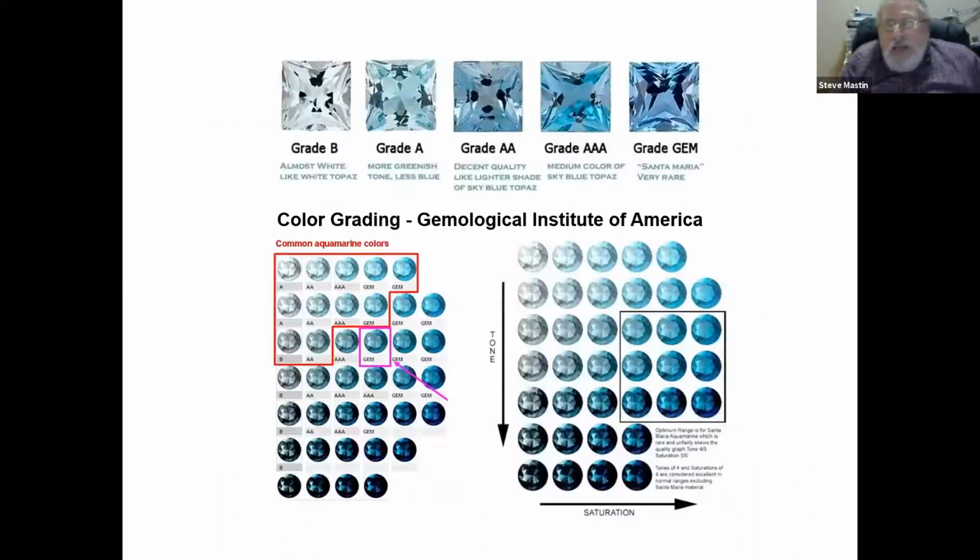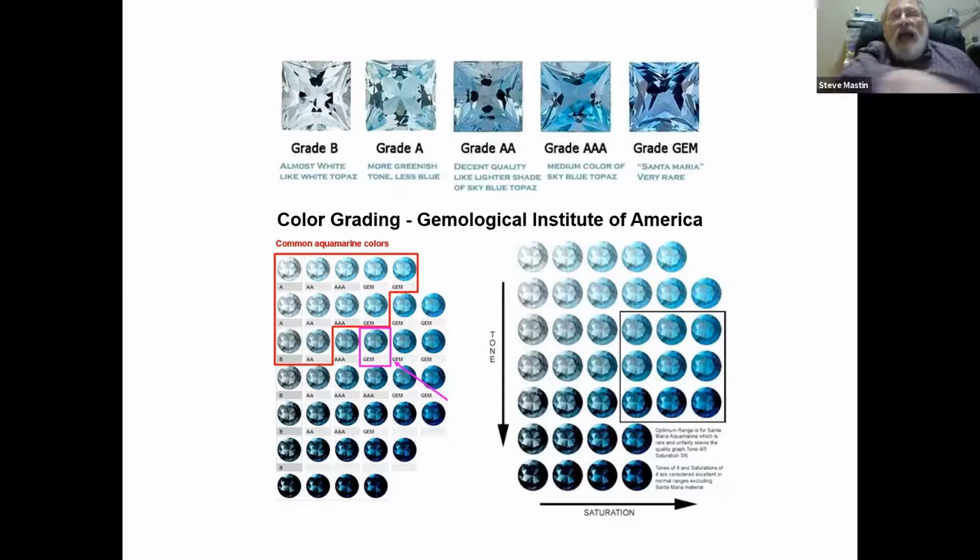Anyhow, how do you decide what's a good color for aquamarine, and therefore how valuable it is? So the simple way that's done, sort of like diamonds, is you have a set of color squares of cut stones at the top, and you can see that they've got different grades.